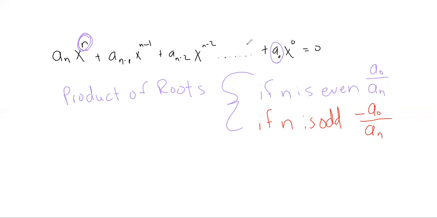So, how do we use this? Well, let's do a couple examples here. Let's start out with 4x squared minus 3x plus 6 equals 0. They say find the sum.